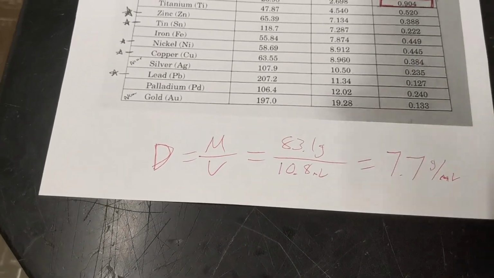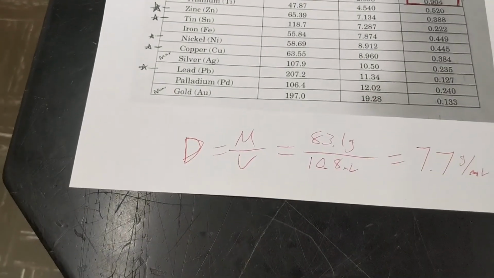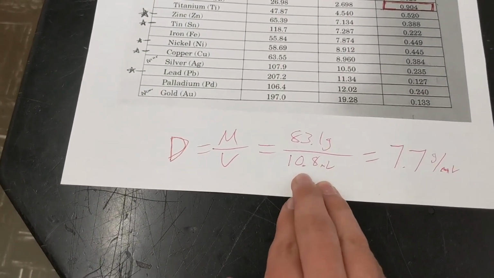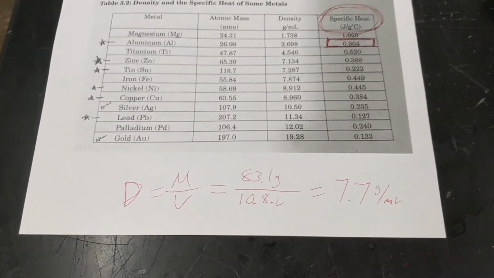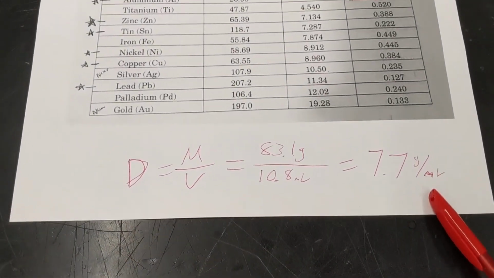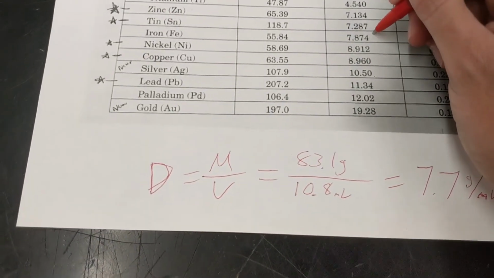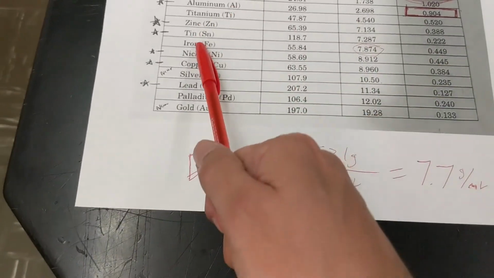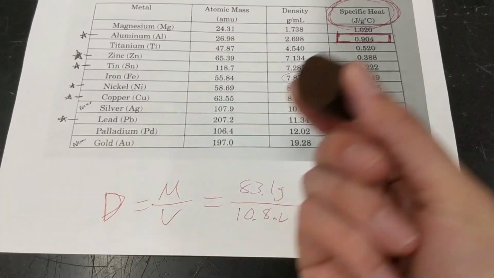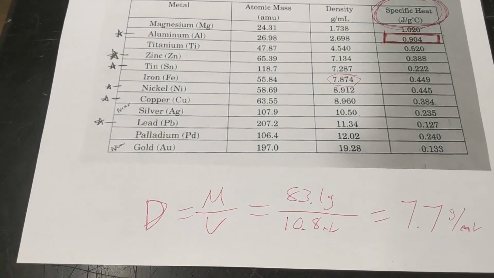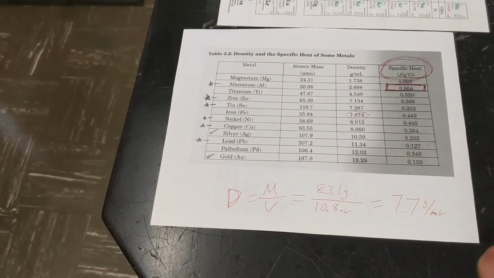So because this is a nice, perfect cylinder, I was able to measure with the ruler, got our volume right here, and just had to divide those two numbers to get a density of 7.7 grams per milliliter. And that is by far closest to iron. My guess, you could see it's a little bit rusted, might have some other stuff in there, but my best guess is that it is mostly iron.